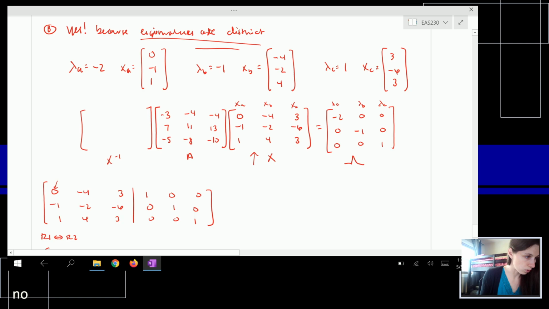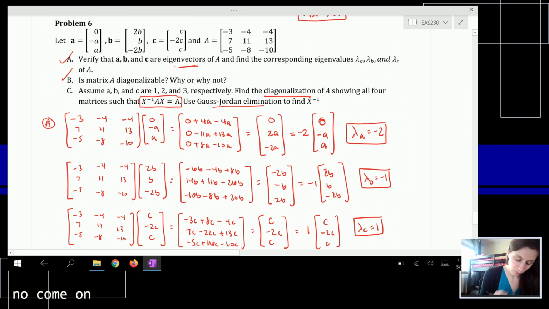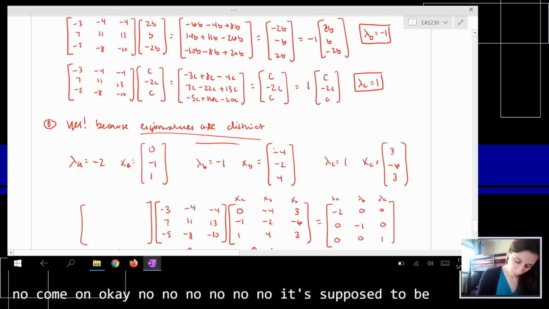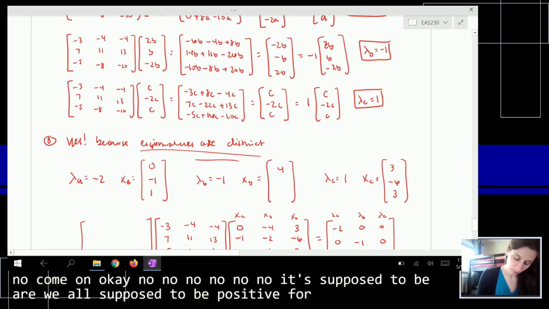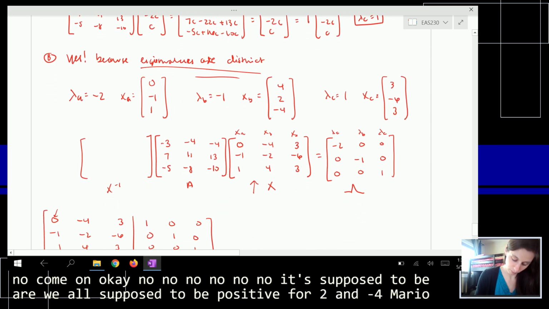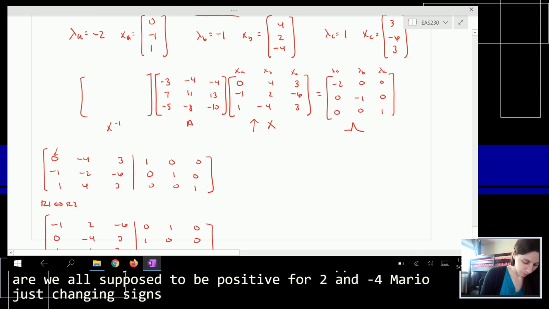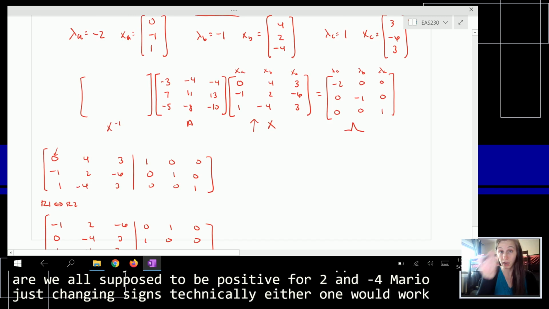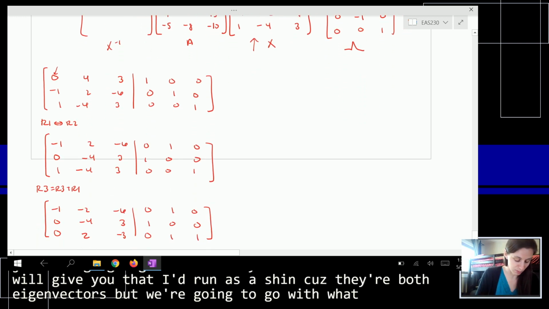It's supposed to be +4, 2, and -4. There we go. Just change the signs. Technically, either one would work, would give you the diagonalization because they're both eigenvectors. But we're going to go with what our problem statement says.